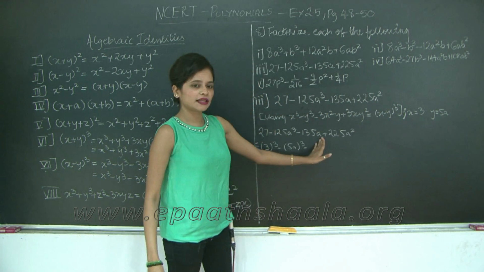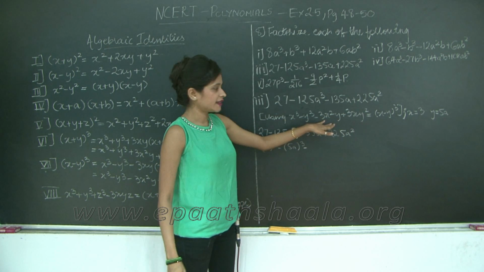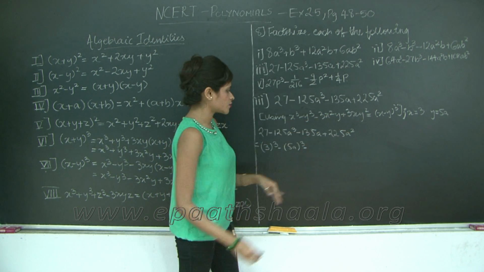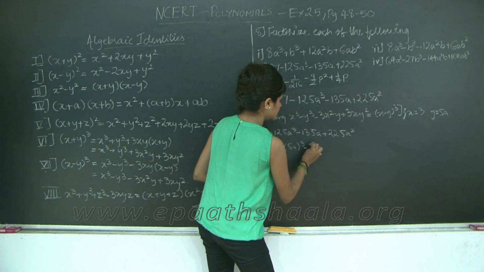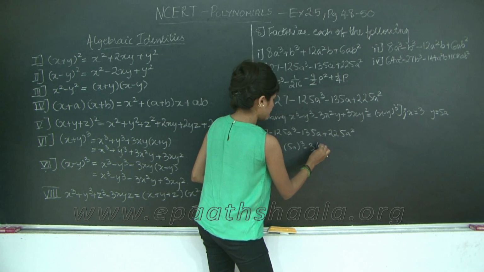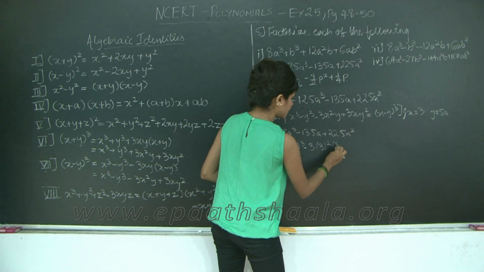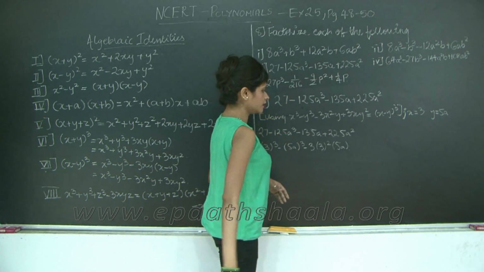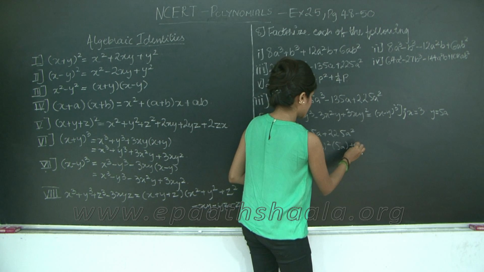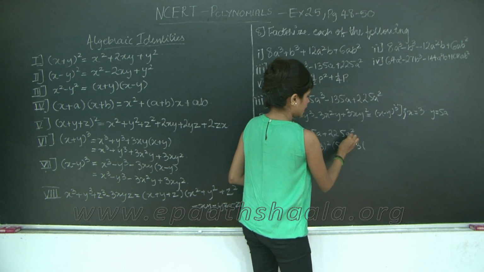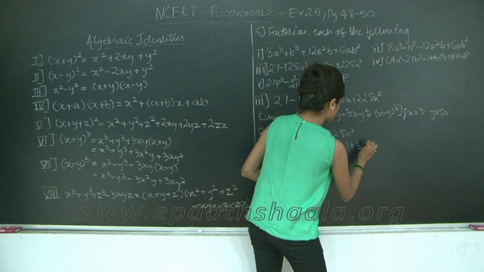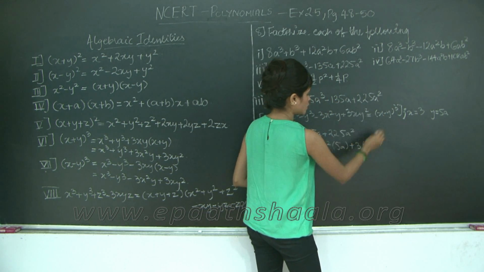Now we can simply split these terms to match this format, that is 3x square y and 3xy square. So I write this as 3 x square, which is 3 square, y, which is 5a, okay, plus 3 into a square, which is, sorry, xy square.